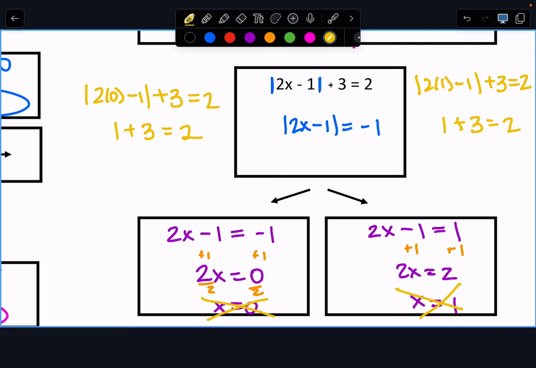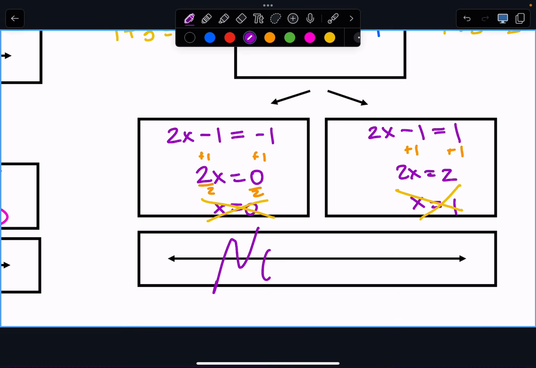Because 2x minus 1 equals negative 1 just doesn't work. Why? Because an absolute value is always going to equal. Okay, so this absolute value equaling a negative number, when is that going to happen? Never. Which is why this problem has no solution.